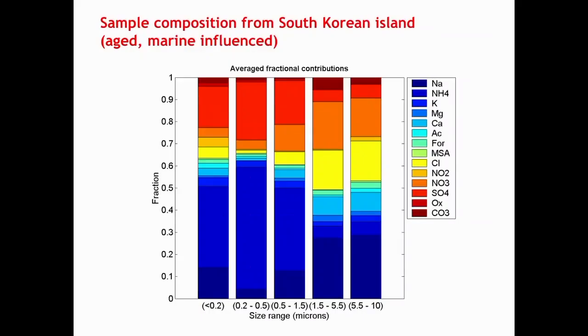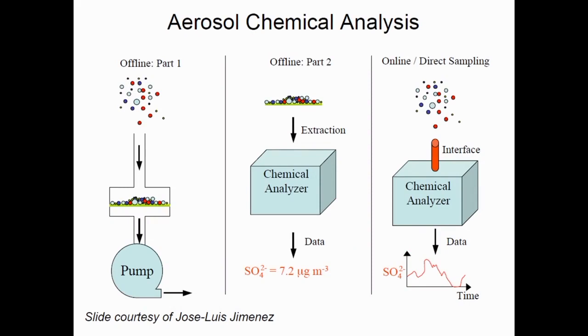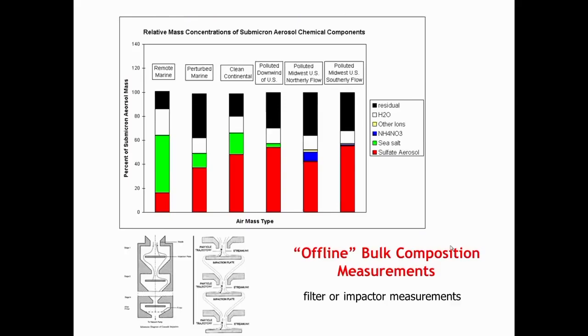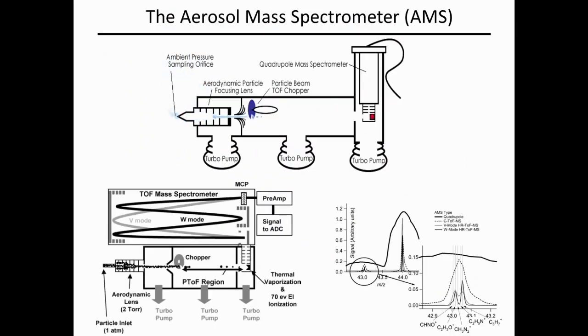So these are the sorts of things that allow you to move from the simpler techniques through chemical analysis to online direct sampling with quite high resolution of the chemical components.